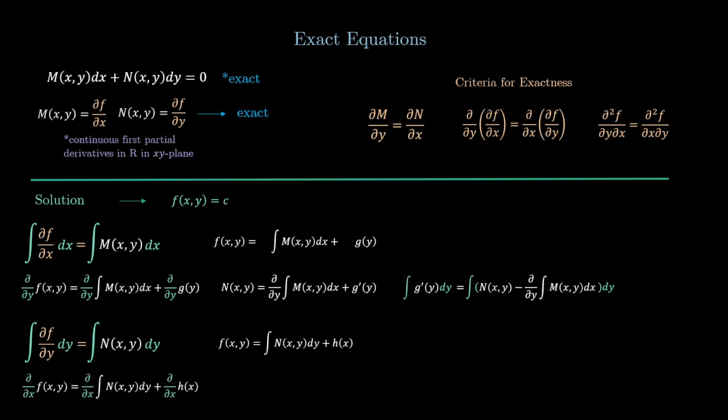Proceeding further, taking the derivative, not anti, with respect to x, we see that this is essentially M. So we have the following. Now, if we isolate h prime, we get this. And further, integrating with respect to x, we should be able to plug in for h of x. Okay? And that should get us our f of x,y.